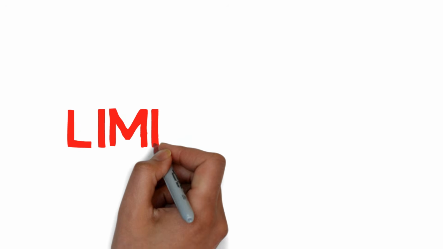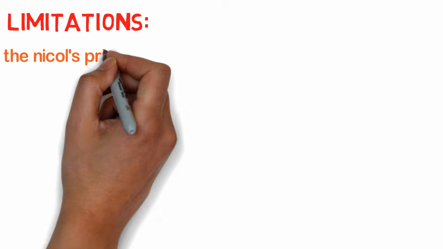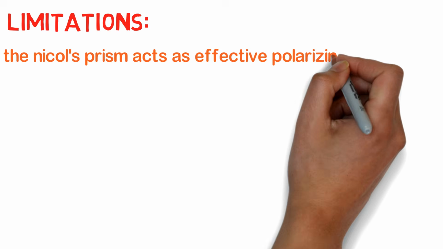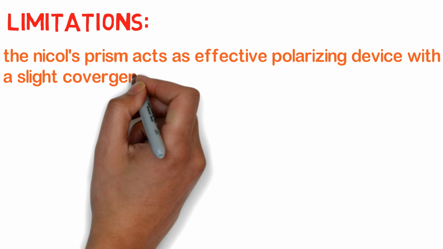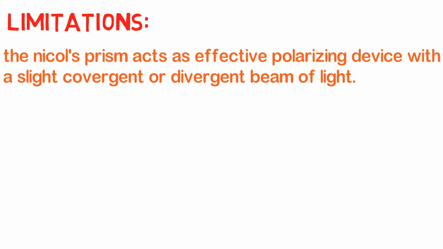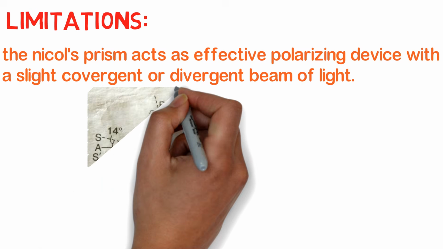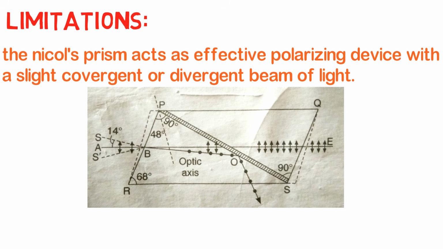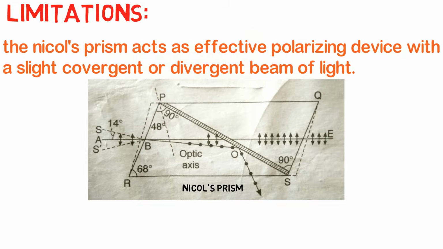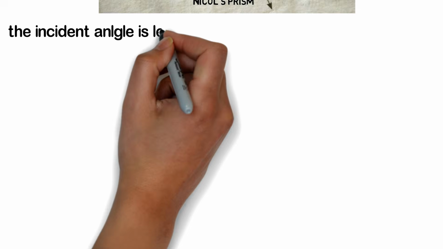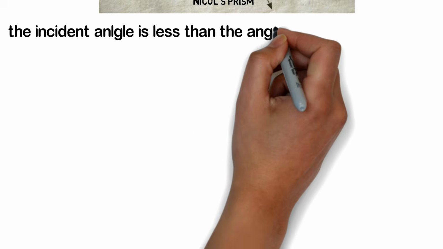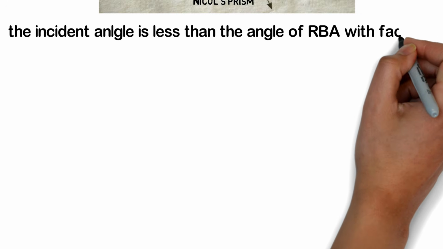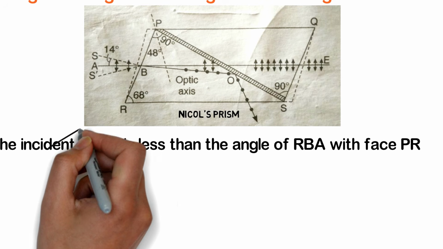Now we see the limitations of the Nicol's prism. The Nicol's prism acts as an effective polarizing device only with a slightly convergent or divergent beam of light. Here we see the Nicol's prism diagram. Suppose the incident angle is less than the angle RBA. Here we see the incident angle RBA.